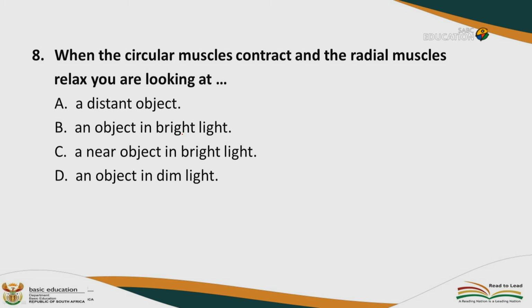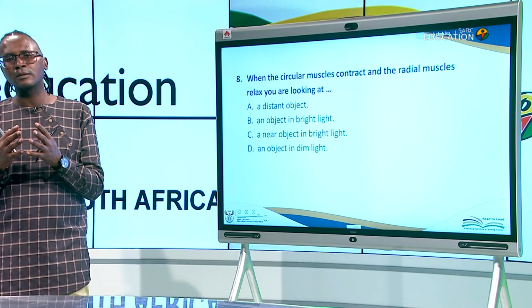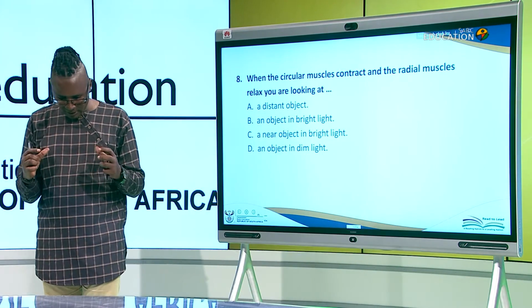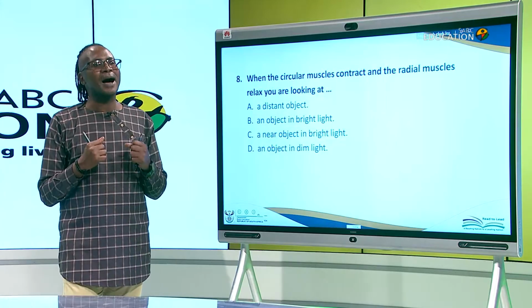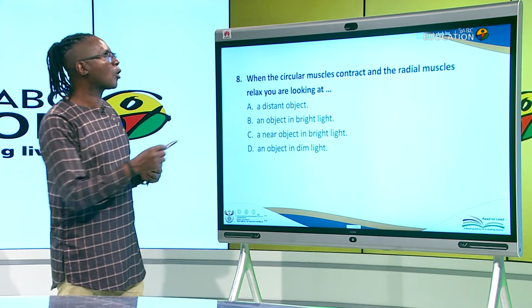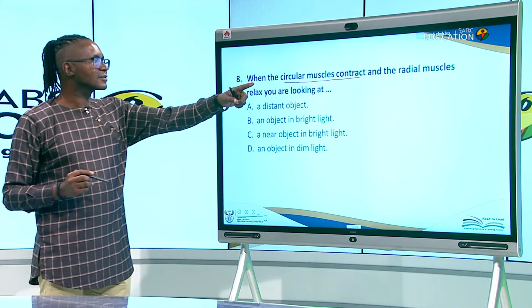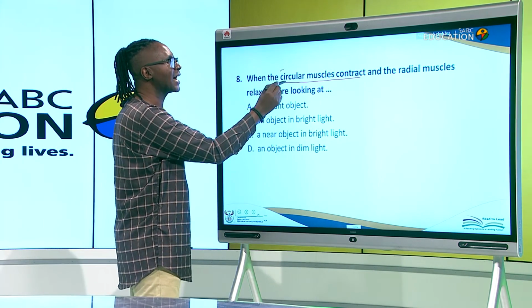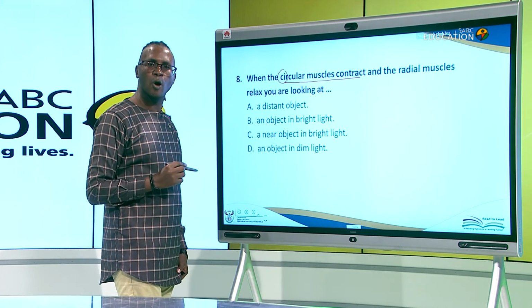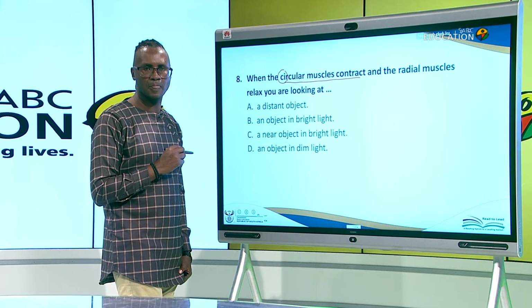When the circular muscles contract and the radial muscles relax, the muscles that contract are circular, not ciliary. So therefore we're talking about the pupillary mechanism.